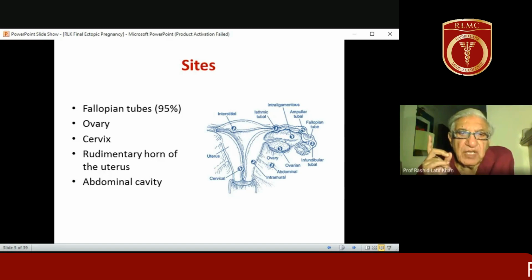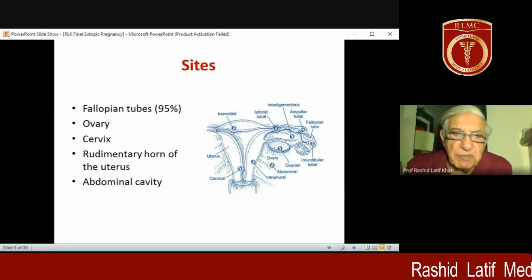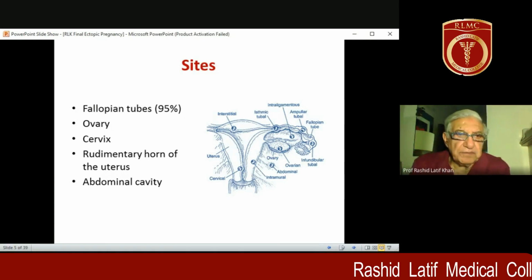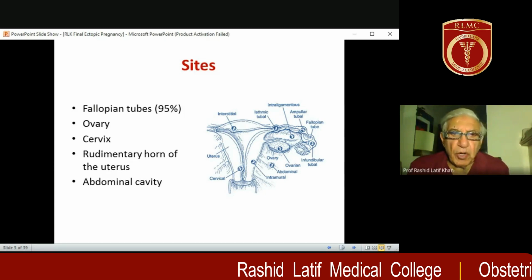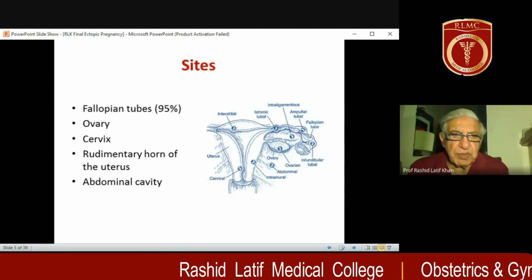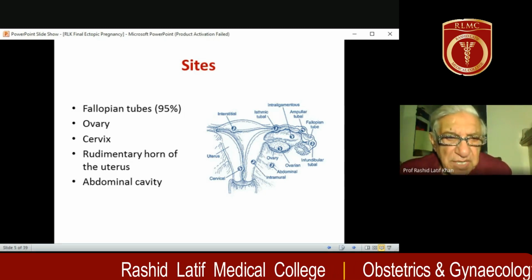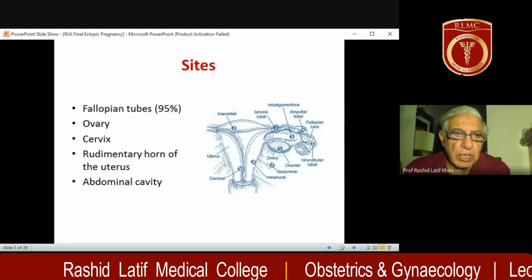That becomes very dangerous at the time of delivery because it may cause placenta accreta. Third is a congenital anomaly of the uterus, a rudimentary horn, because it is blind and doesn't communicate with the main cavity. That will also be called ectopic.